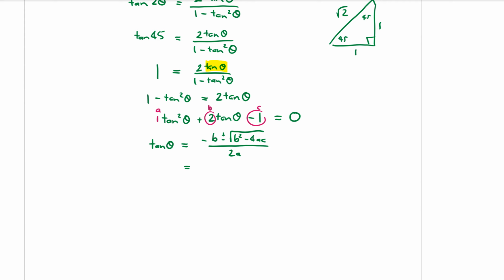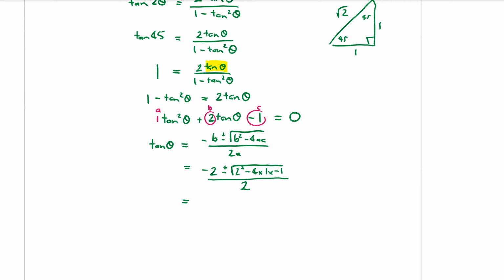So subbing those numbers in, I will get minus 2, because b is 2, but there's a minus in the formula. Then I have a plus or minus big square root sign b squared, so that's 2 squared minus 4 times a, which is 1, times c, which is negative 1, over 2 times a, which is 2 times 1. I can just leave that as a 2.